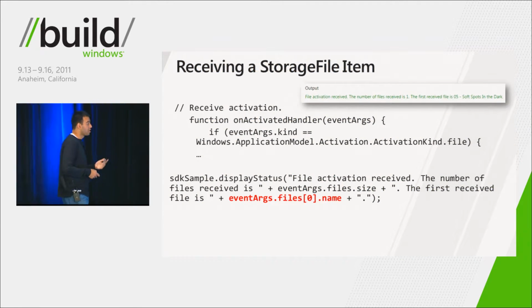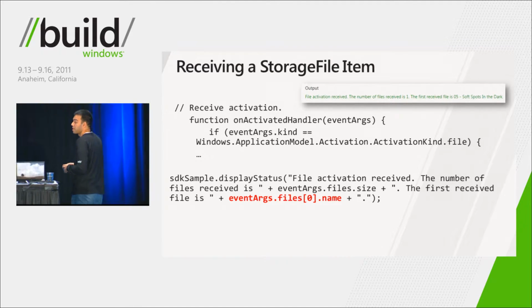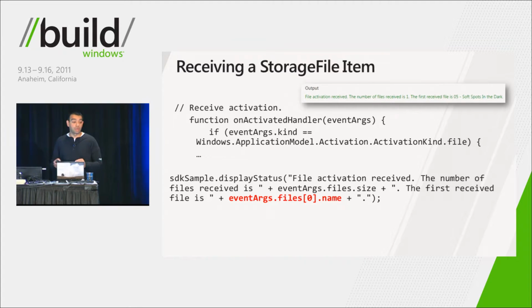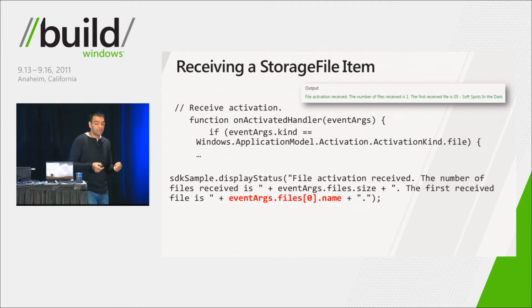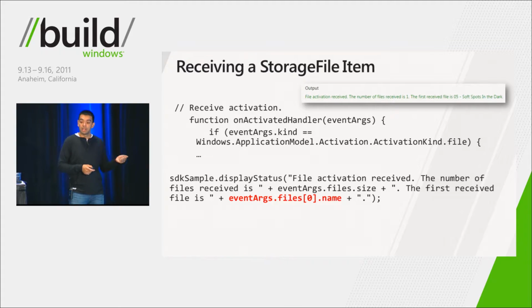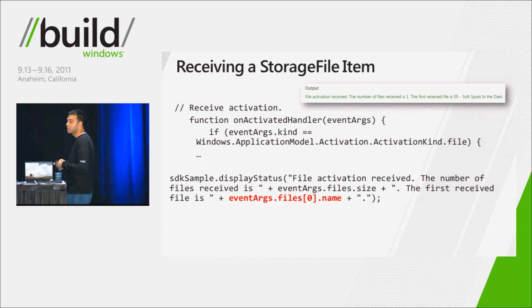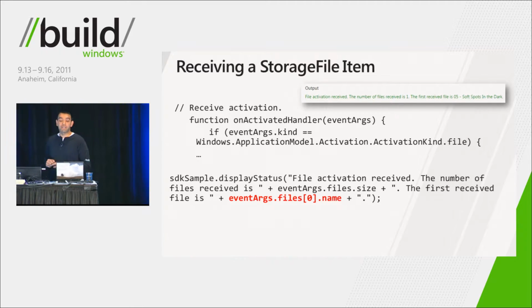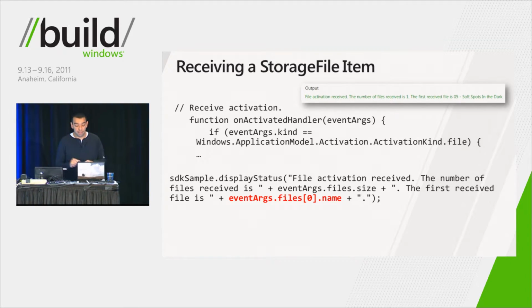So here are a few examples from the samples that I've shown you on how we've been doing this as part of that SDK sample. This code snippet here is from the association launching SDK sample we've been using as a sample app so far. If you remember, when we walked through building that package, deploying it and launching, when I selected that track 5, I had an output that was shown in my application.